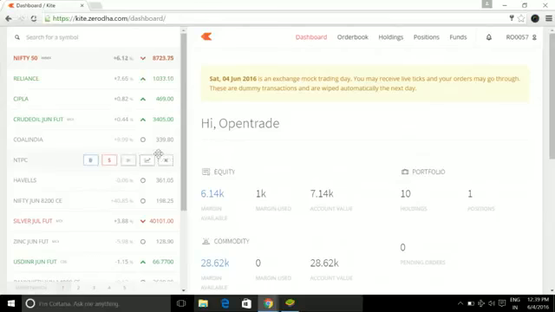Also, the cool thing here is that everything you see on the dashboard is accessible through a shortcut key. I think a lot of people have missed out on the shortcut keys. You can use the up and down arrows to move up and down the watch list, right?